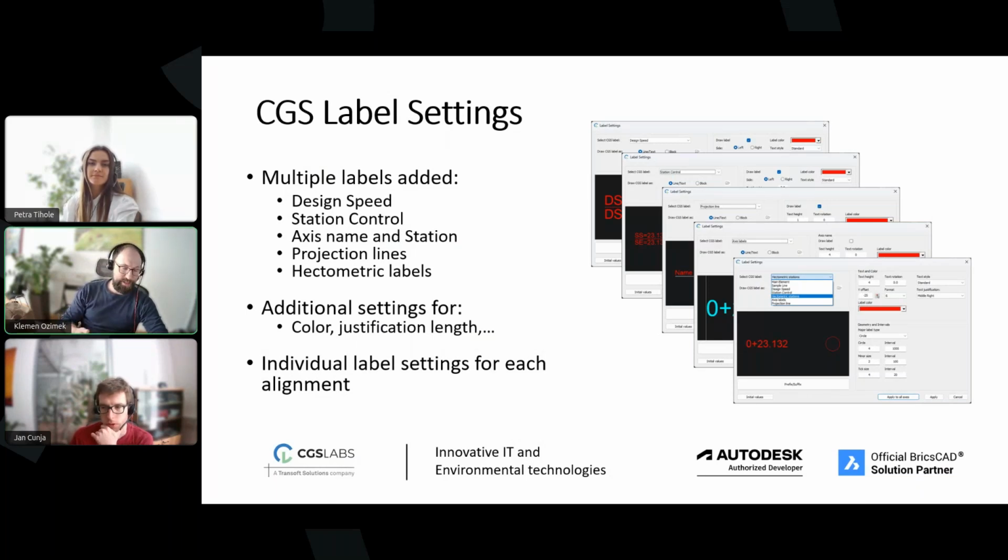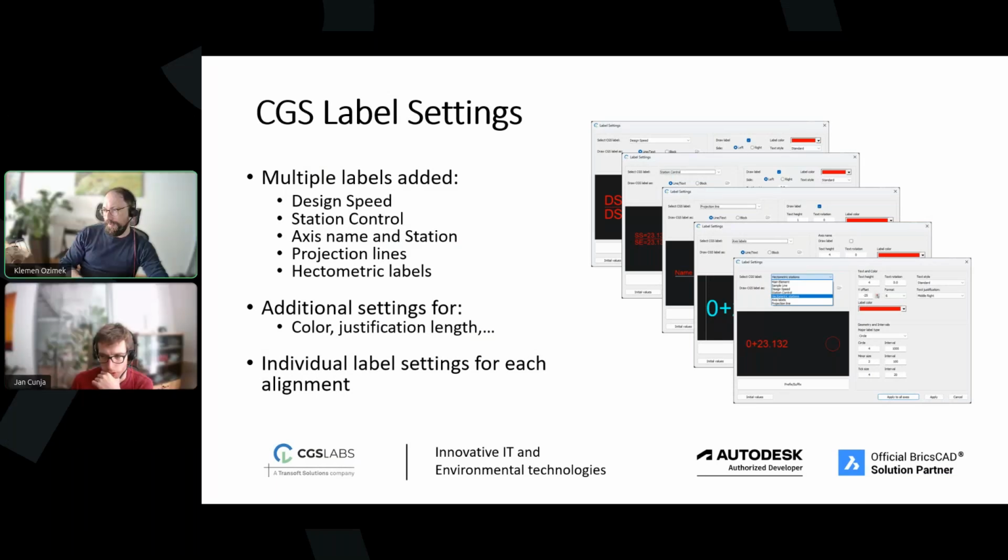So for the design speed, for the station control, for the axis labels, which is name and stations, for the projection lines, hectometric labels. We didn't just move all the settings in this new dialog window, but we also added some new settings, for example, for coloring, for justification or the placement of the texts, for different lengths of the lines and stuff like that.